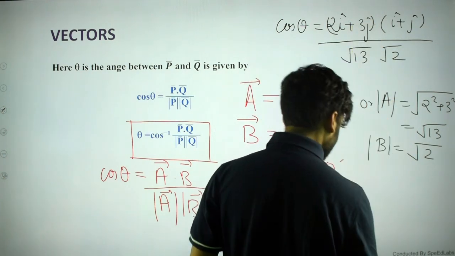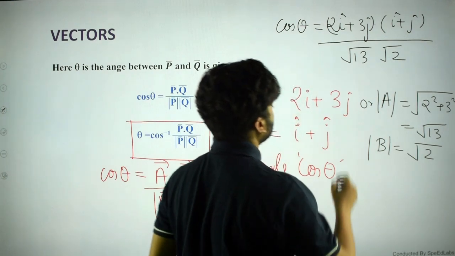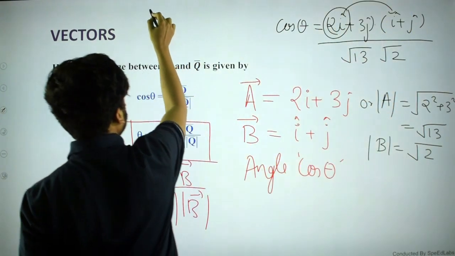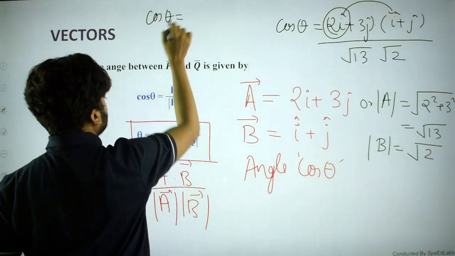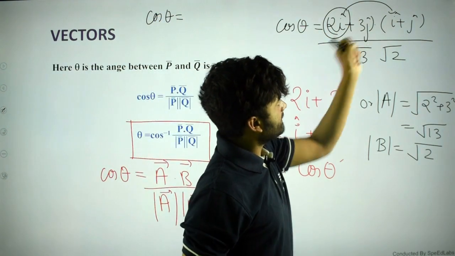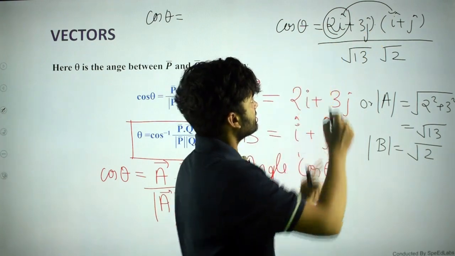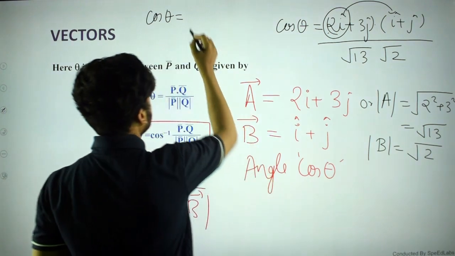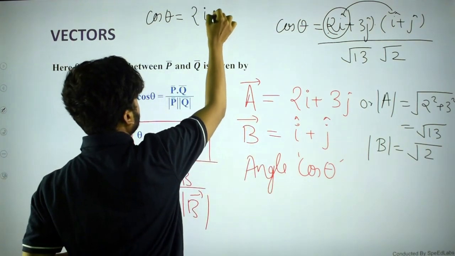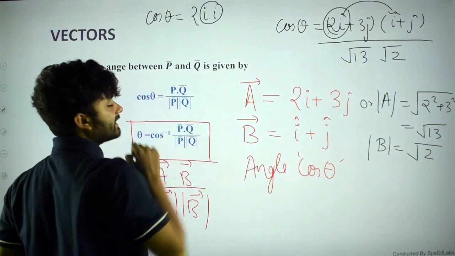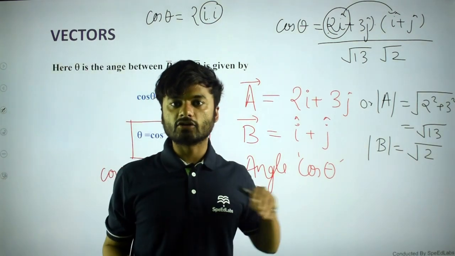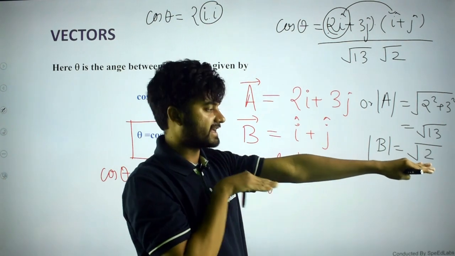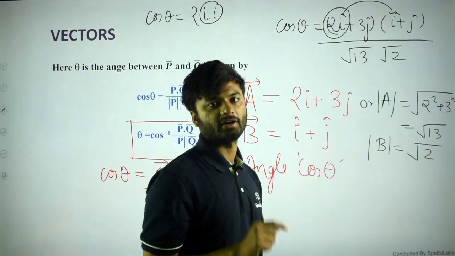Now multiplying this, I will write cos theta here. This 2i is multiplied by i, so 2 into 1, that scalar multiplied by that scalar, is 2. Now what is i dot i? i is a unit vector along the x-axis, and if you take two vectors along the same direction, their dot product is always 1.